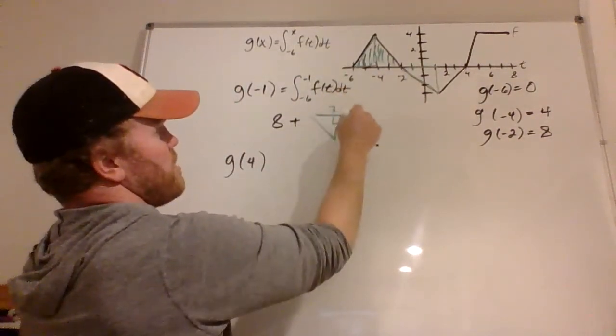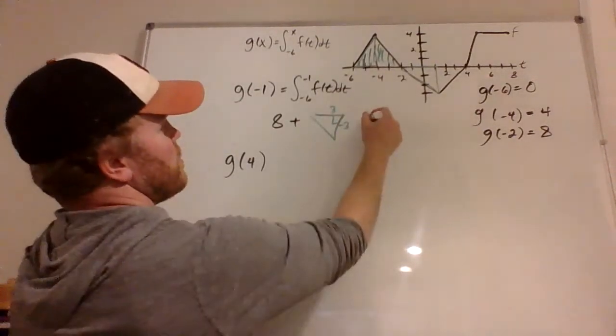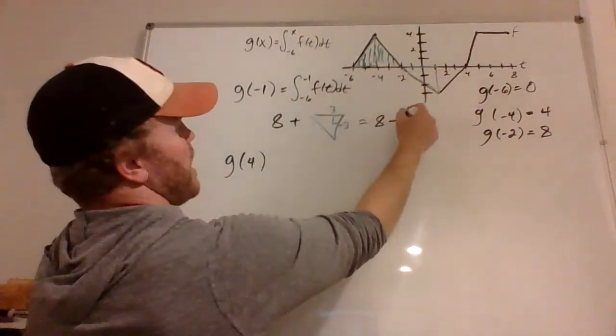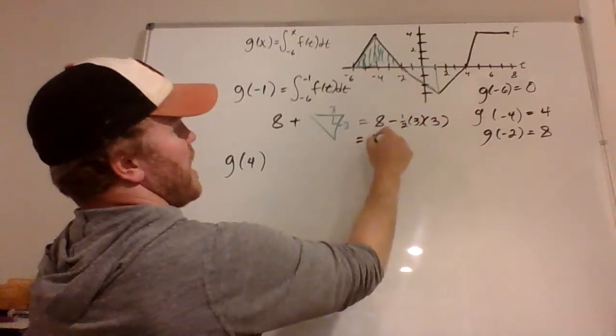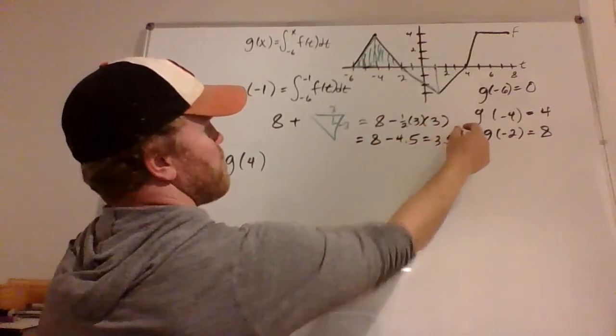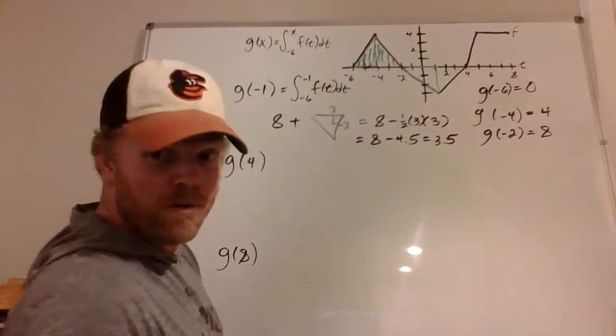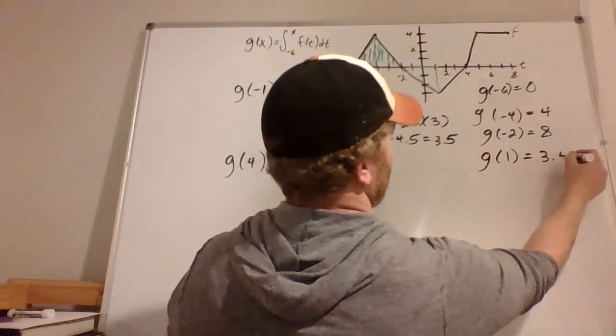So this guy is 3 by 3, but it's down, so that's actually negative. So this should be 8 minus 1/2 of 3 by 3. So that should be 8 minus 4.5, which is 3.5. Positive 3.5. So g of -1 is 3.5.